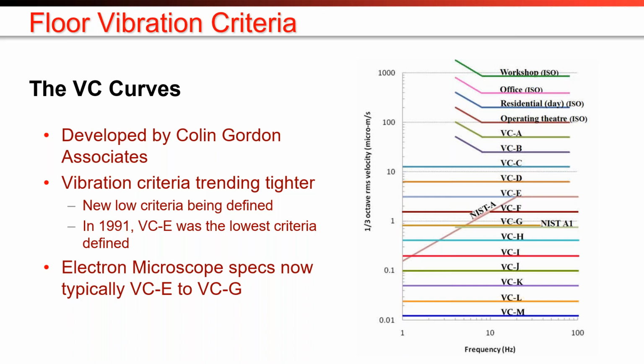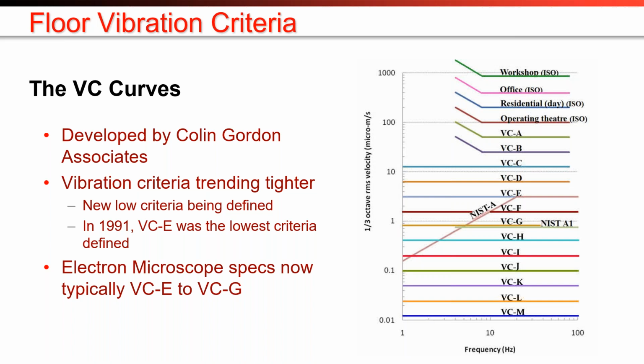So the curves basically are showing, you see the horizontal scale there is frequency from 1 hertz up to 100 hertz on a log scale. The vertical scale is velocity, right? When you measure vibration, you can express it in terms of displacement, velocity, or acceleration.